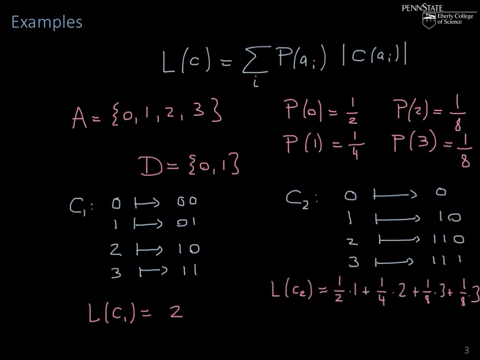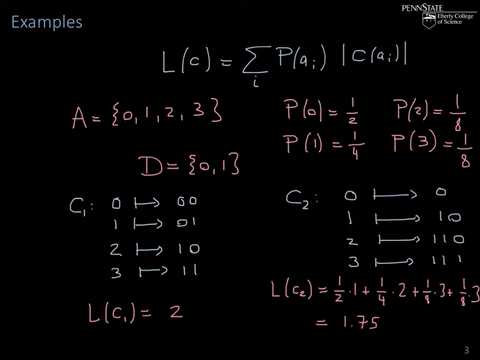This code has expected code length 1/2 times 1, 1/4 times 2, 1/8 times 3, and again 1/8 times 3. Altogether that gives 1.75.